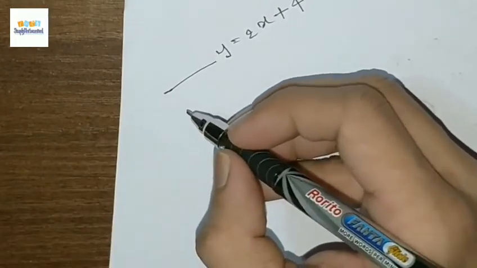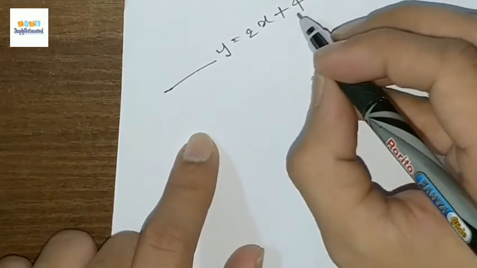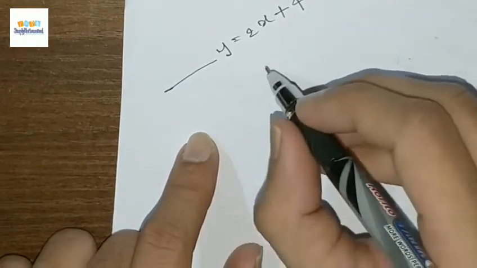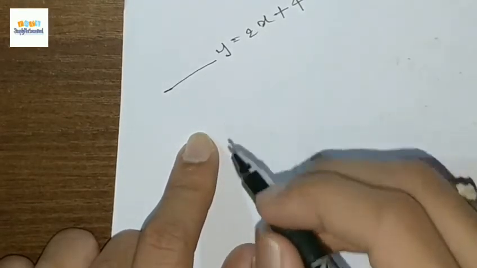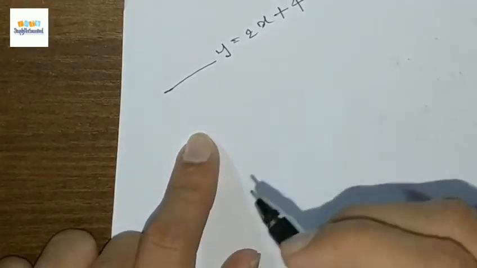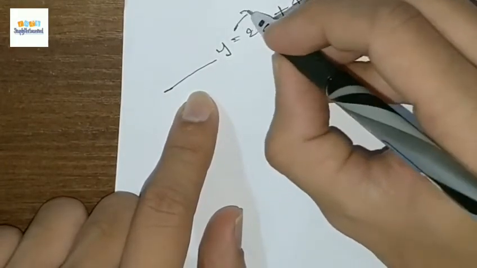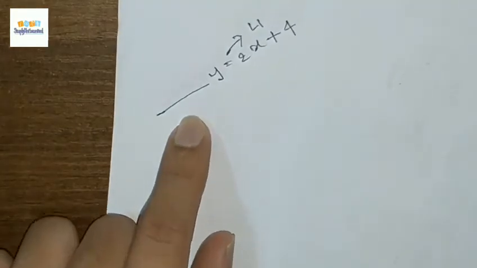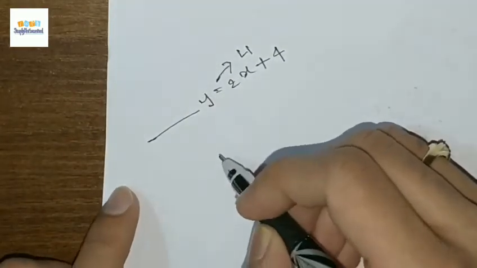You have to find all the lines which are related to this line y equal to 2x plus 4. The relation R is nothing but L1, L2 such that L1 and L2 are parallel. So if you take this line as L1, then we have to find all the lines L2 which are parallel to this line L1.